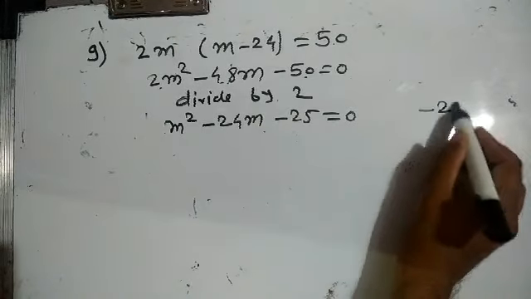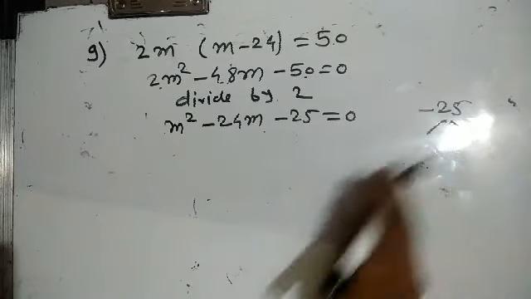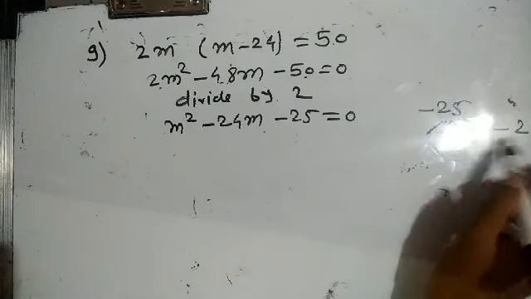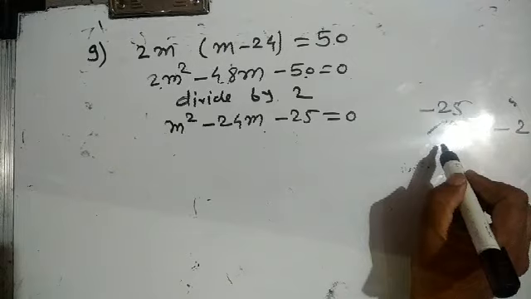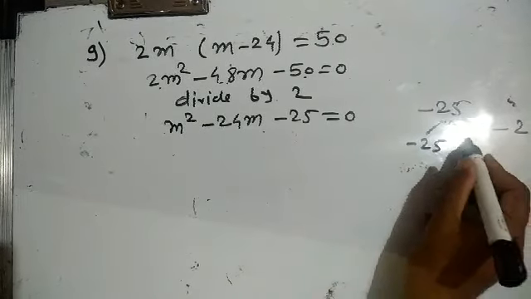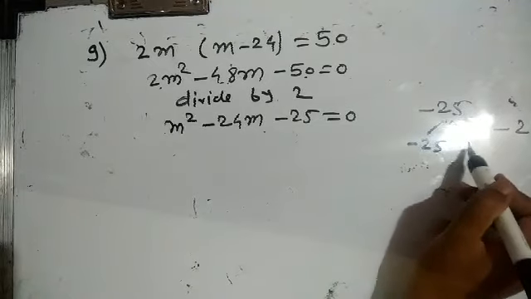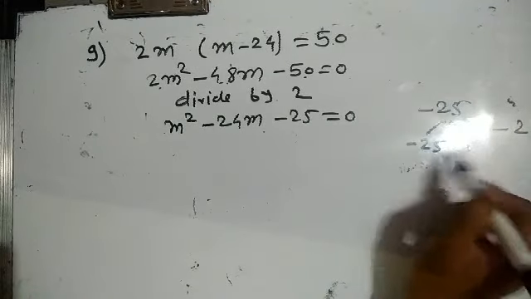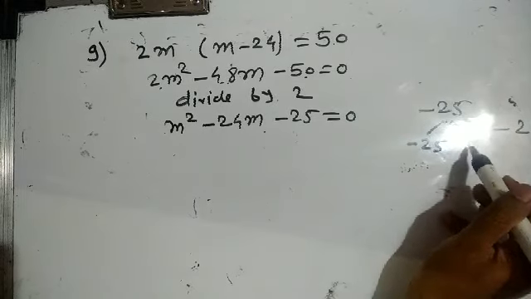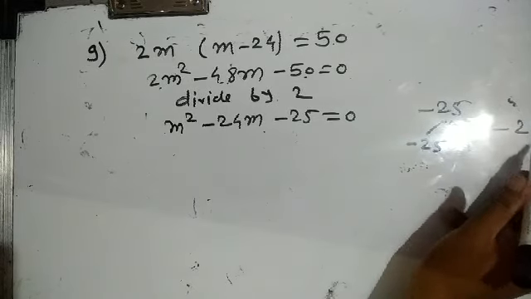Therefore, find two numbers whose product is minus 25 and whose addition is minus 24. We can write minus 25 and 1. Minus 25 into 1 is minus 25, the product of these two, and minus 25 plus 1 is minus 24.